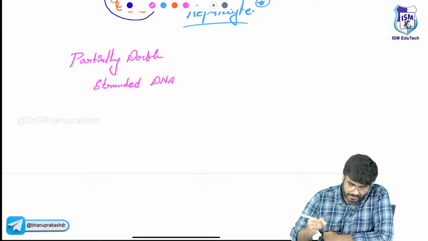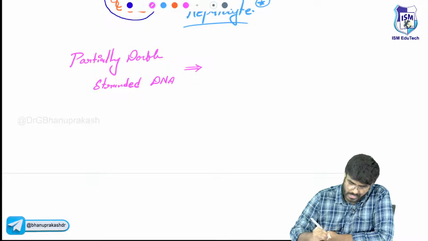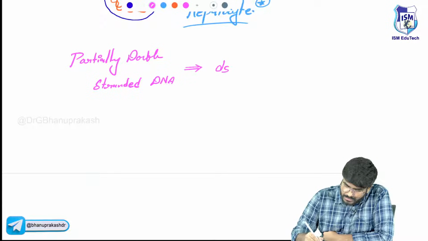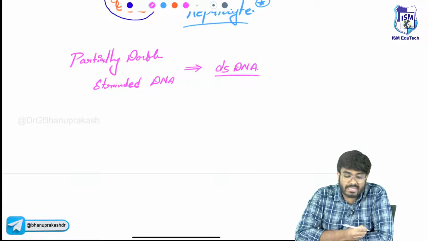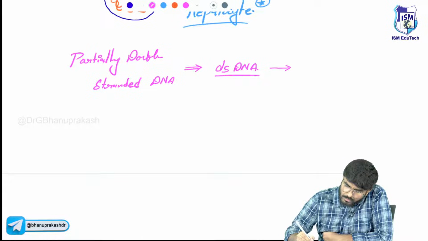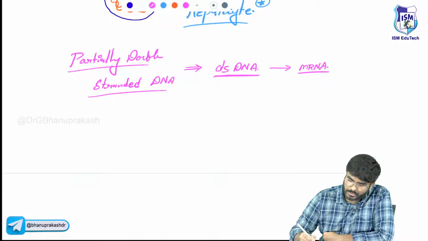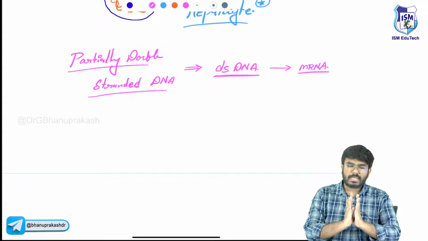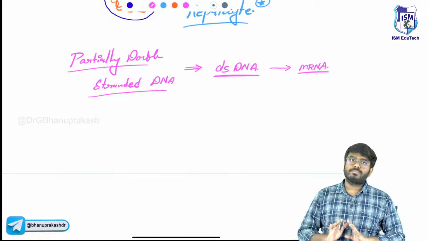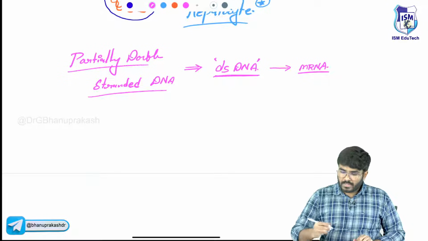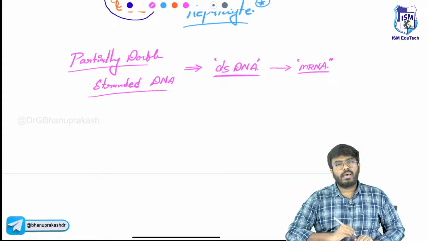This partially double stranded DNA will be converted into complete double stranded DNA. Now there is a complete DNA formed in our hepatocyte. From this dsDNA, mRNA is formed.